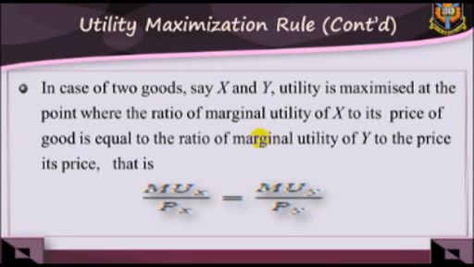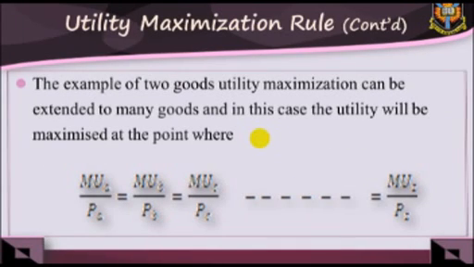That is, marginal utility of X over price of X is equal to marginal utility of Y over price of Y. The example of two goods utility maximization can be extended to many goods, and in this case, the utility will be maximized at the point where MUA over price of A is equal to MUB over price of B is equal to MUC over price of C, and so on.